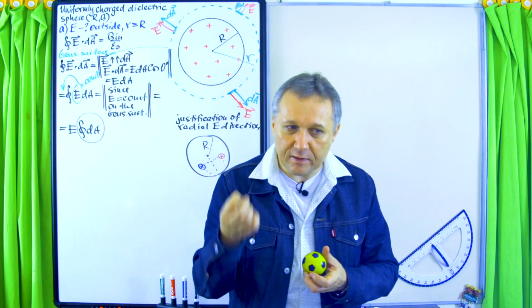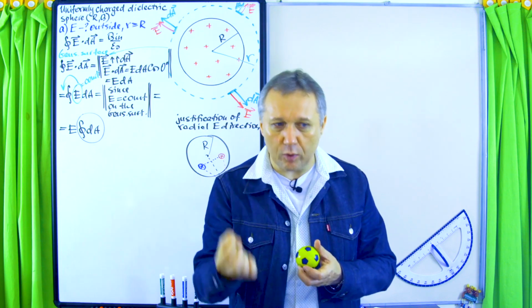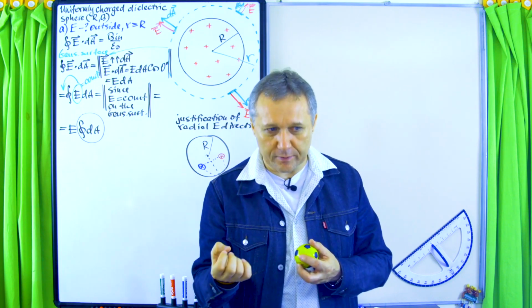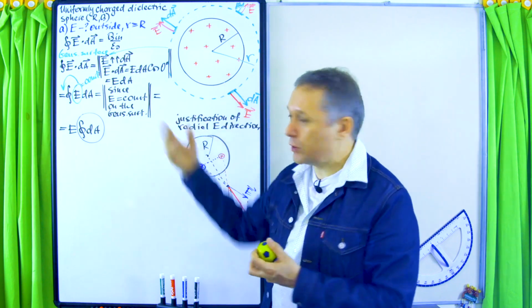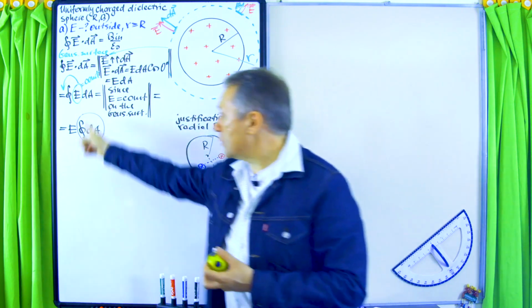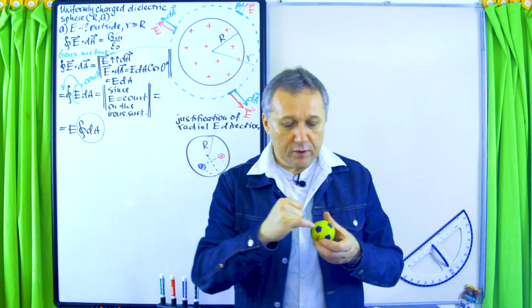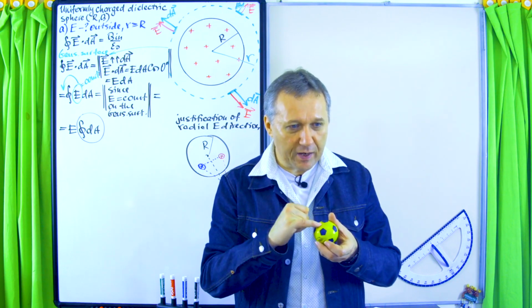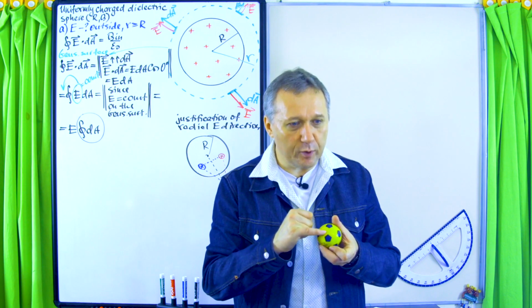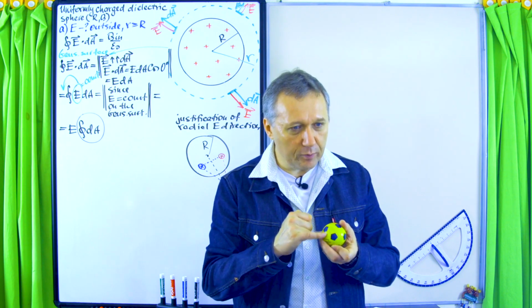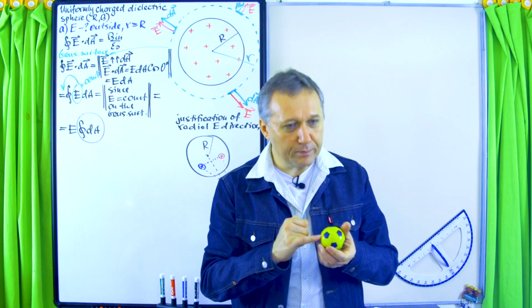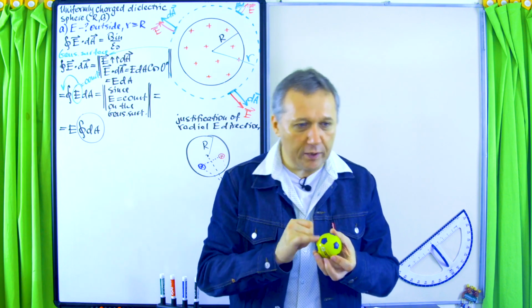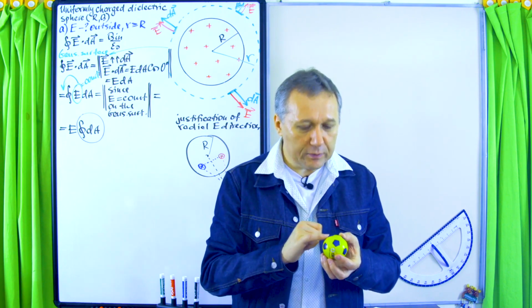Integration is just a fancy word for adding small things, small contributions. In this case, small contributions to the total value of the integral, right? So, the small area dA, plus the next patch, plus the area of this small patch, and you keep adding small areas of all these patches.